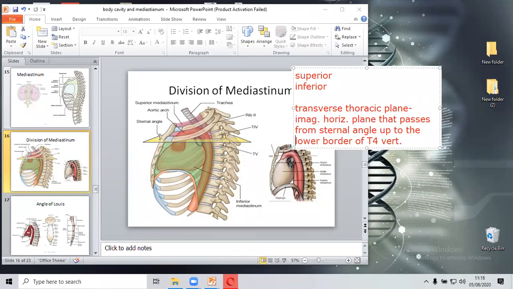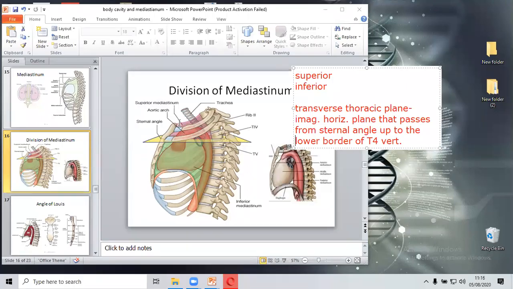Posteriorly, it passes along the lower border of the fourth thoracic vertebra, T4. So this imaginary plane divides our mediastinum into superior and inferior.